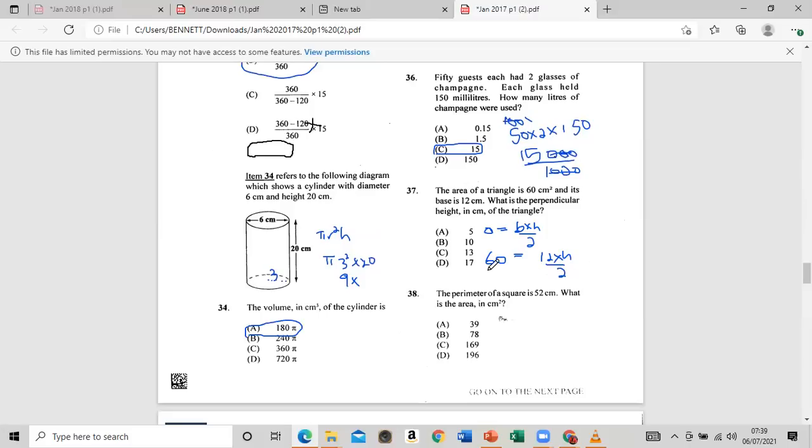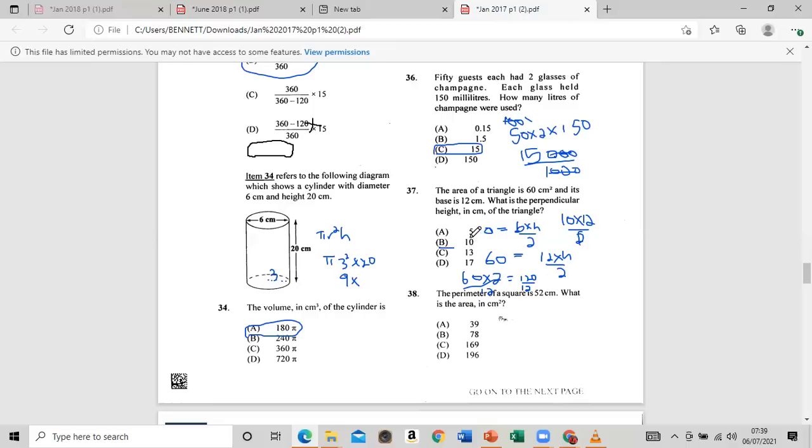So we transpose, so it would be 60 times 2 divided by 12. So that's 120 divided by 12, so it's 10. Go check if it's right. 10 times 12 is 120, divided by 2 is 60. So it is indeed 10.